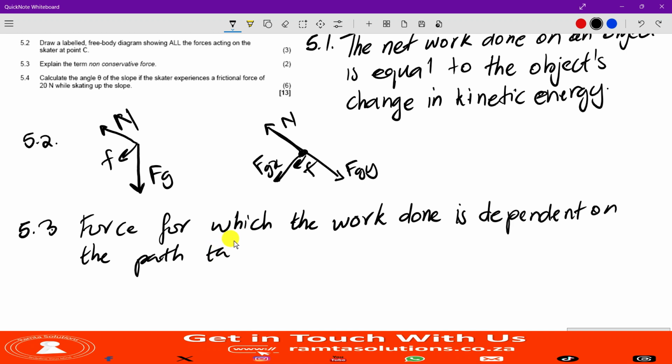But remember, you can also say a force for which the net work done is non-zero and depends on the path taken.